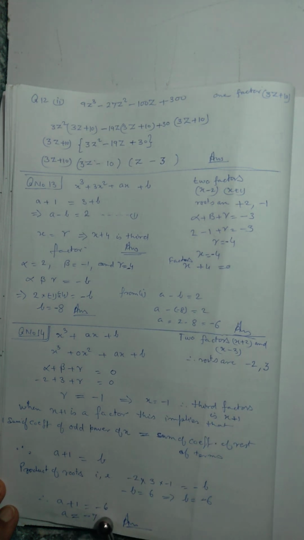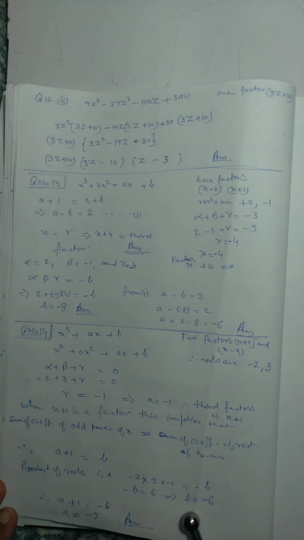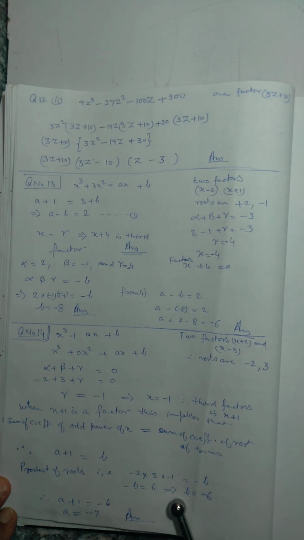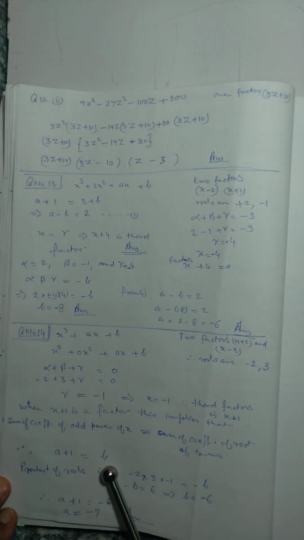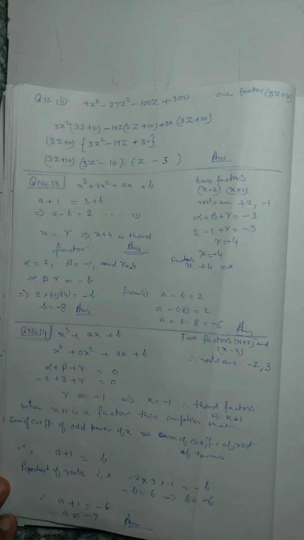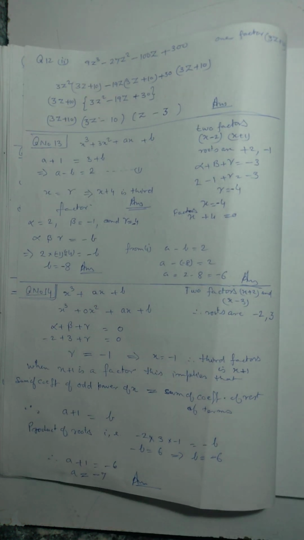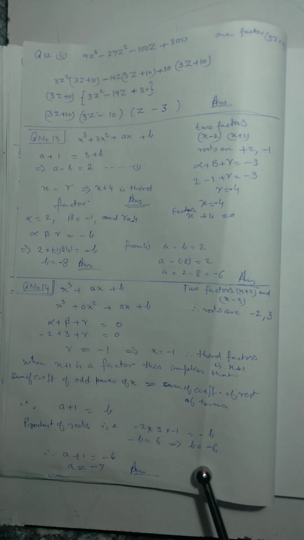So a plus 1 is equal to minus 6. Therefore a will be equal to minus 7. Put down here a plus 1 is equal to b, so a plus 1 is equal to minus 6. Therefore a will be equal to minus 7. This will be the answer.